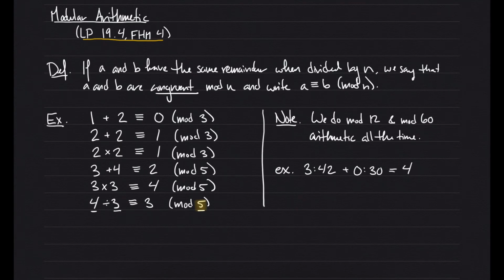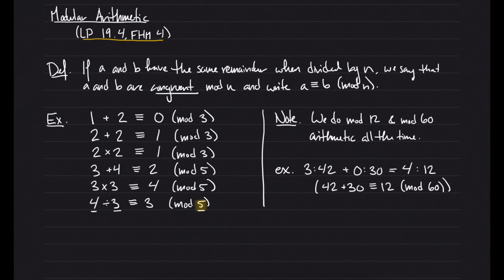But when we're talking about the hours, we're doing arithmetic mod 12, and when we're talking about minutes, we're doing arithmetic mod 60, right? Because what's happening here that I want to illustrate is that 42 plus 30 is congruent to 12 mod 60. So when we add minutes, we're always doing arithmetic mod 60, and when we add hours, we're always doing arithmetic mod 12. So that's actually something that is very common in our everyday lives.